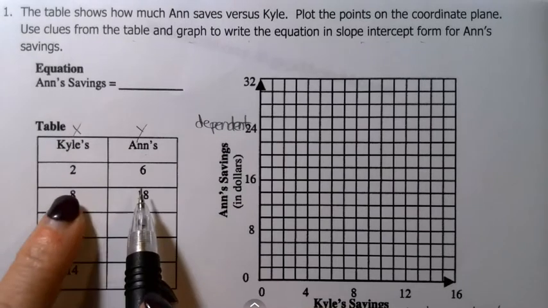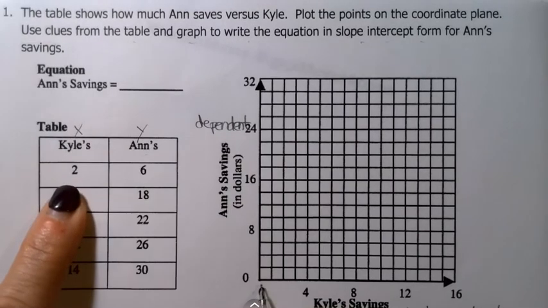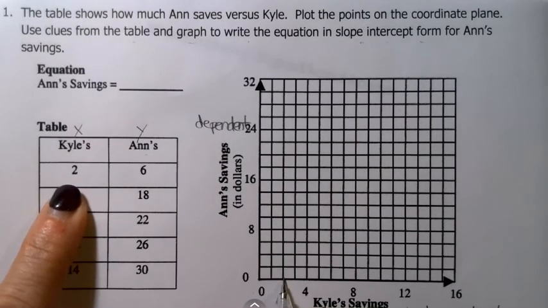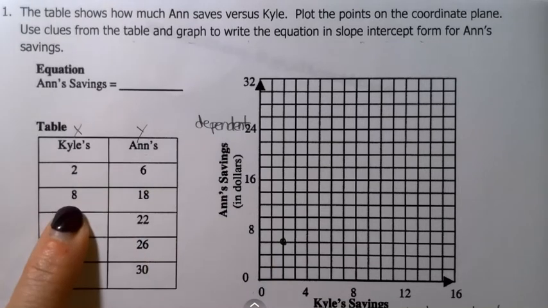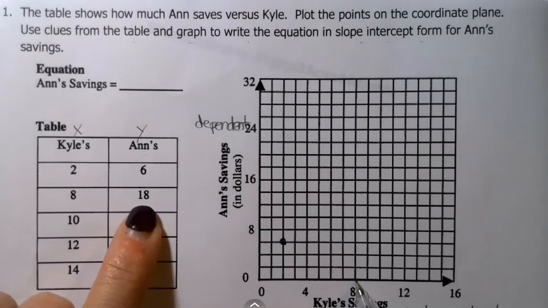And so if we use the numbers in the table, we go across our x-axis to 2 and up our y-axis to 6. For the second point, we would go across to 8 for Kyle's savings and up to 18 for Anne's savings.